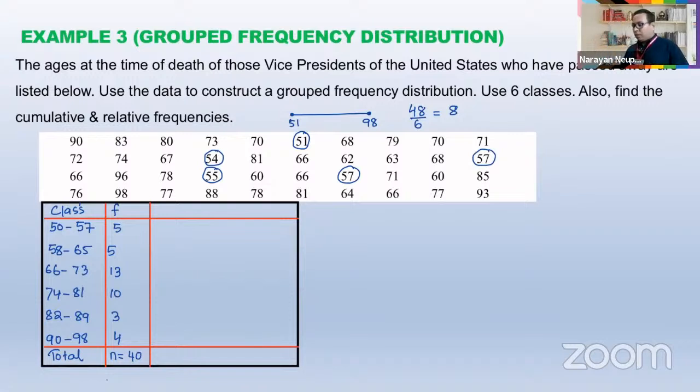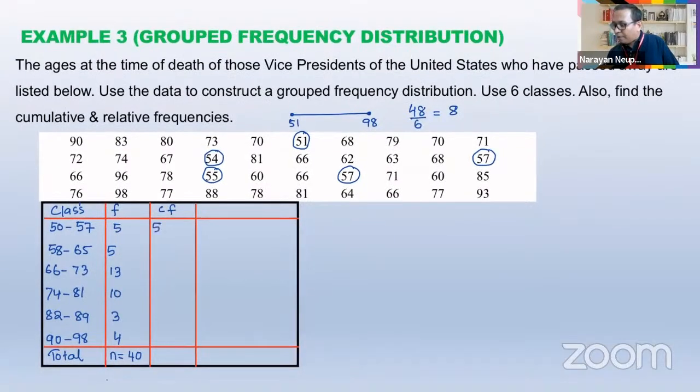Okay. So we have the class or the group and the frequency. Now the next two things we want to find are the cumulative frequency and relative frequency. You know the idea of cumulative frequency now, so please help me write it. For the first row, the number is 5.